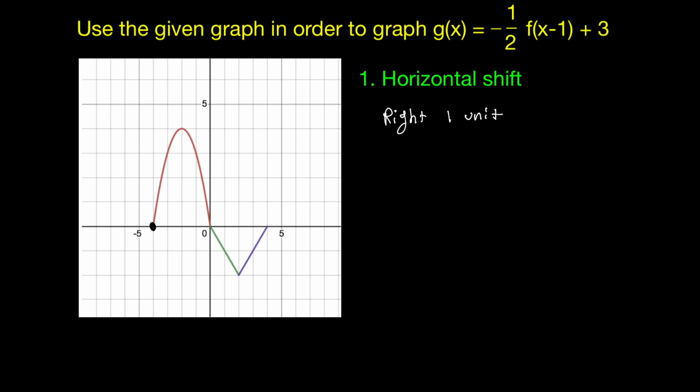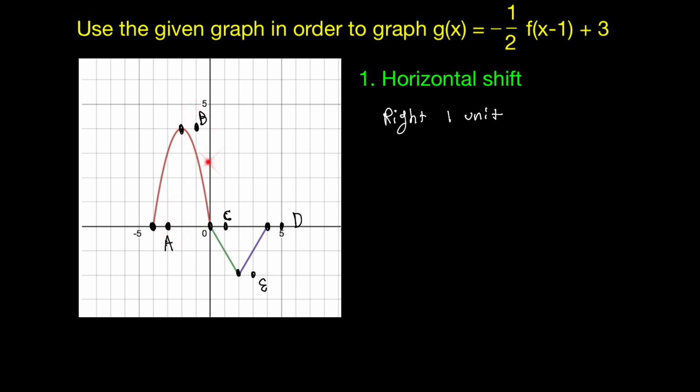So I'm going to go ahead and emphasize these. And now I'm going to begin to transition each one of them 1 unit to the right. So here I have my point A, here I have my point B, my point C, my point E, and my point D.